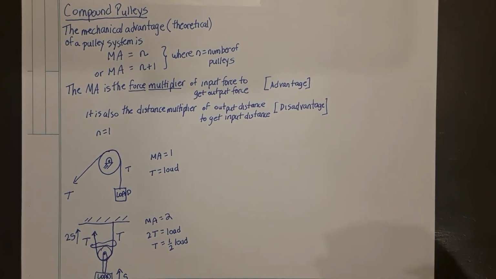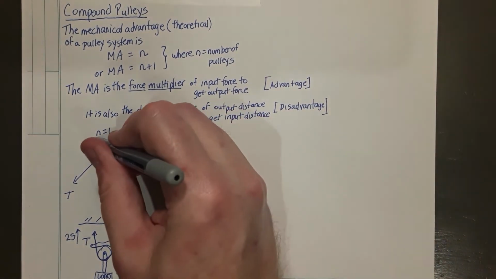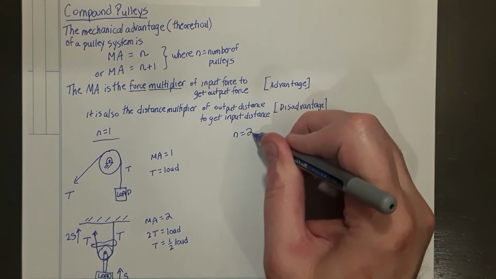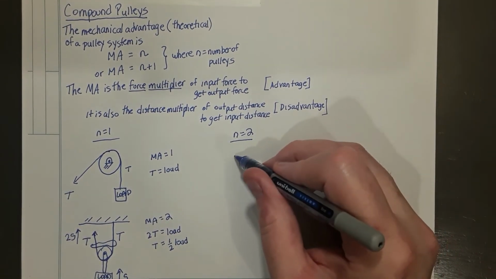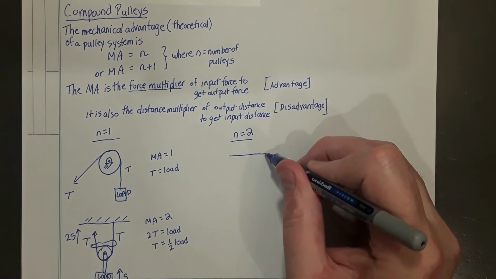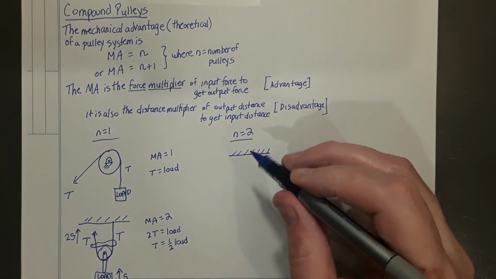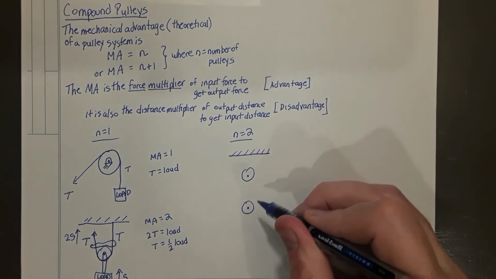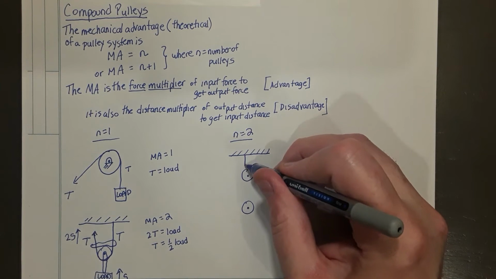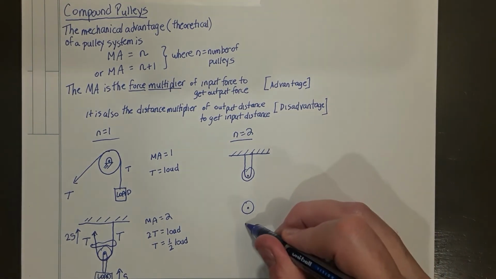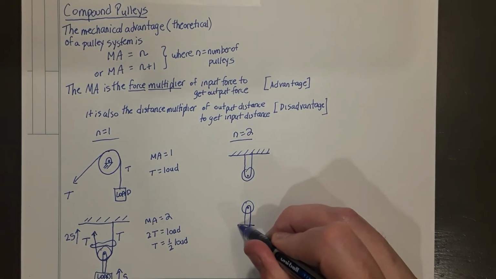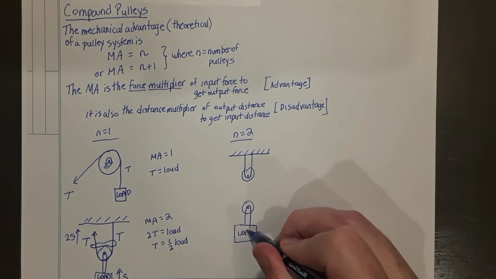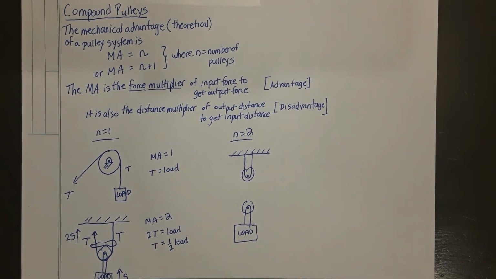If I go to the n equals 2 situation, where we've got 2 pulleys, so if I suspend from the ceiling 2 identical pulleys, one of which is directly attached to the ceiling and one of which is directly attached to my load, depending on how I run my cable, I'm going to get a different mechanical advantage as an output.